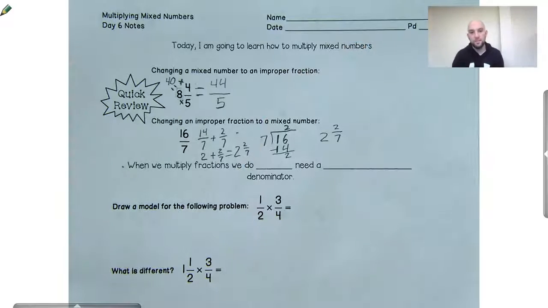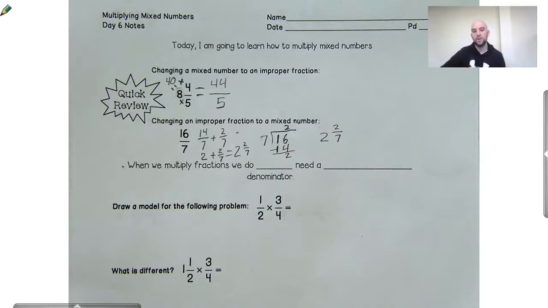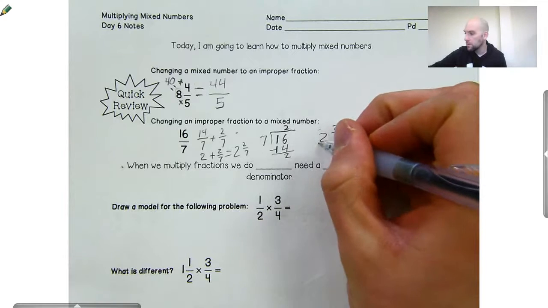So again, whatever way makes the most sense to you. I do like to use division if I'm unsure, just to make sure that I'm dividing properly when I'm finding my whole number and my fraction.